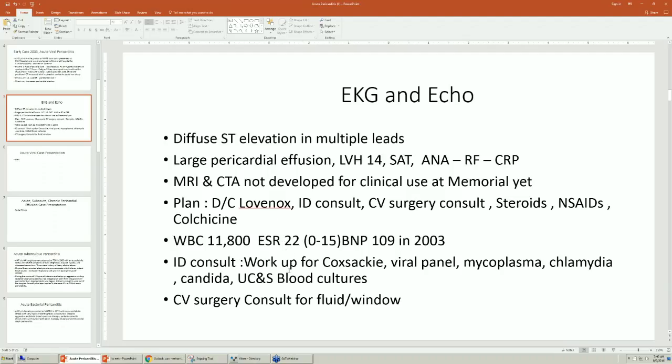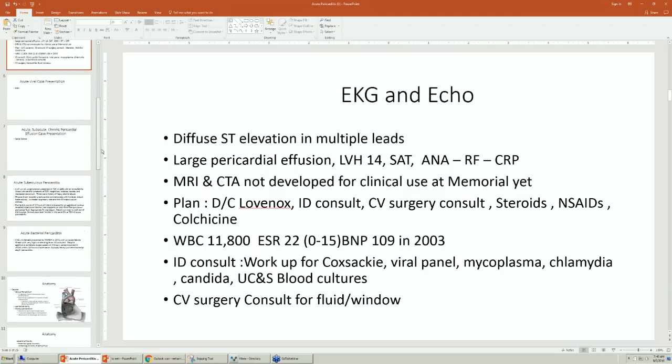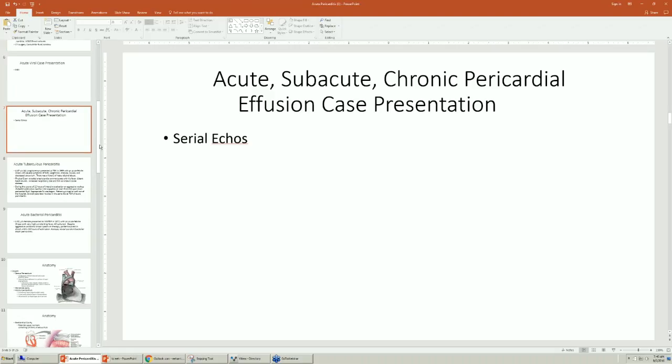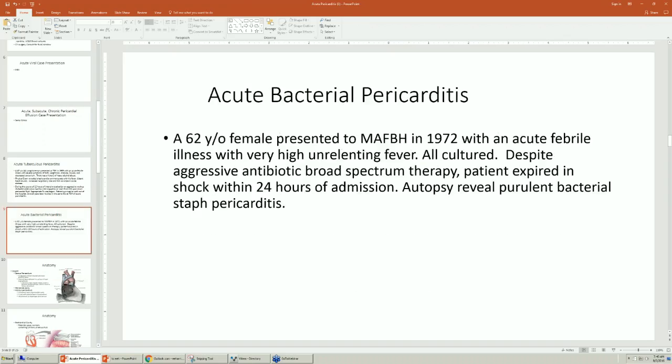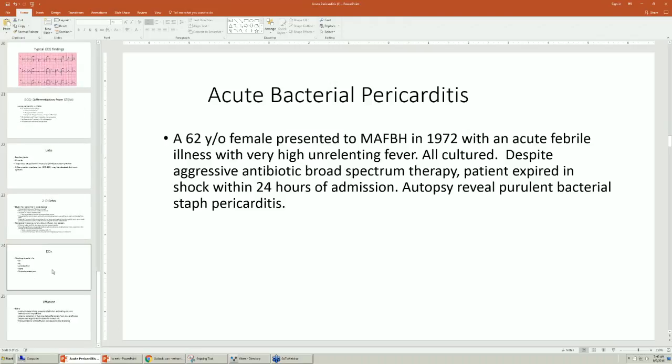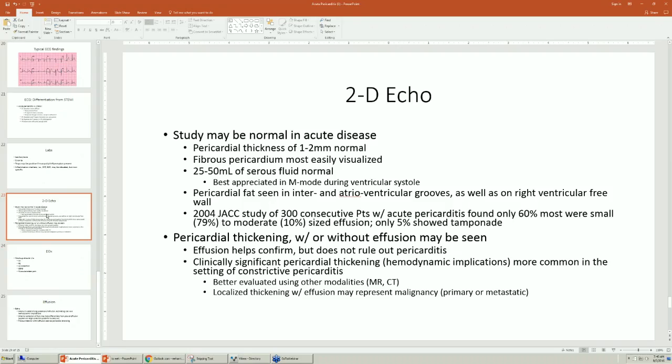The white count, 11,800. Unless you have a rip-roaring bacterial infection, you're not going to see much in the way of white count changes. Let's go back and look at pericardial thickness, which is 1 to 2 millimeters, which we measure on the CT scan and the MRI.